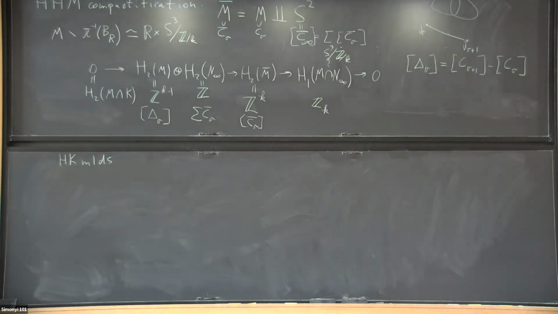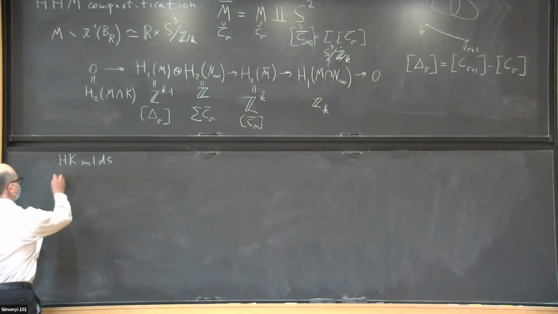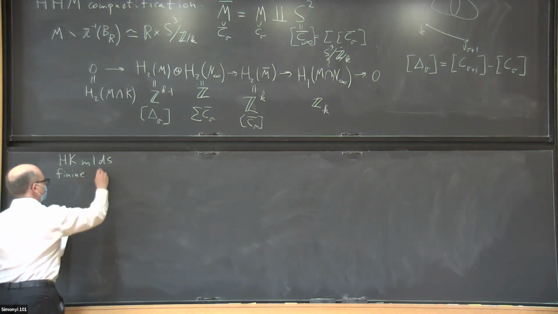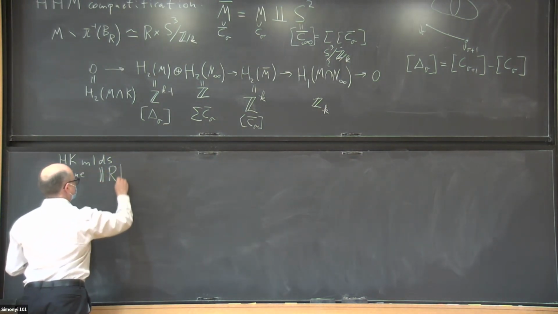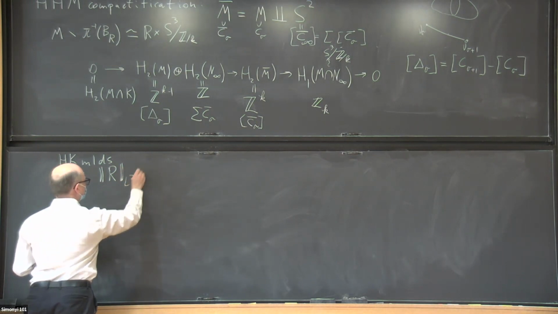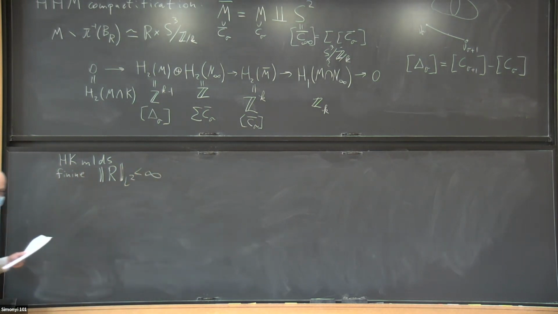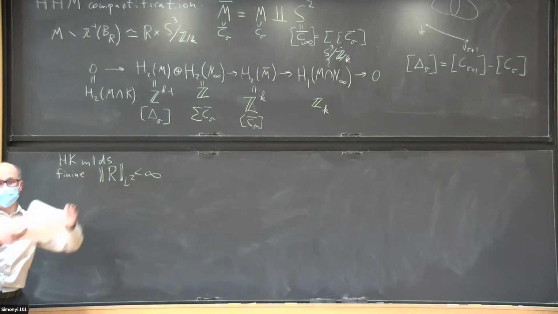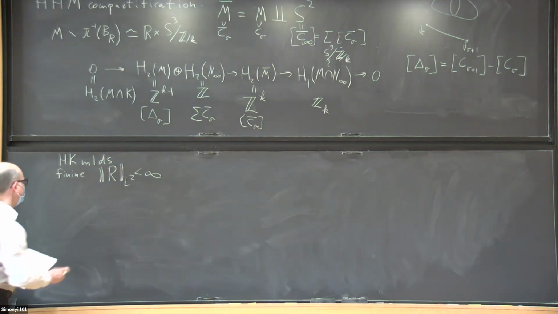And we insist that the hyperkähler manifolds that we study have, if you look at the Riemann tensor, a finite L2 norm. So such spaces fall in different categories depending on how they behave at infinity.